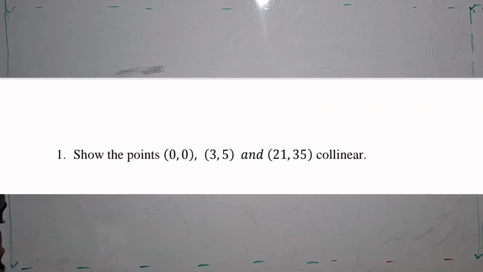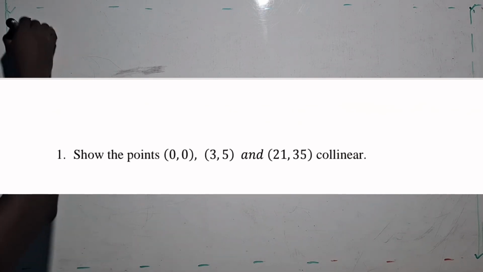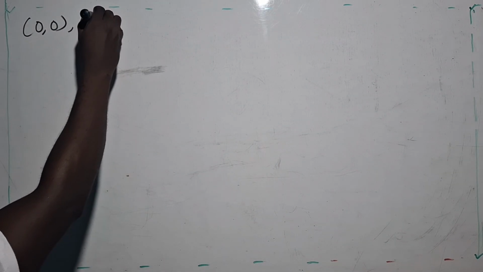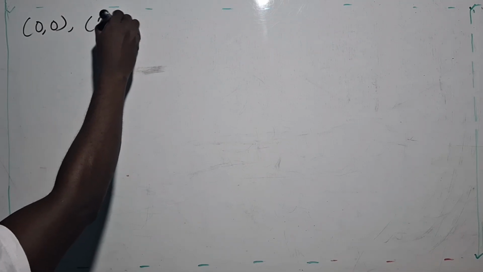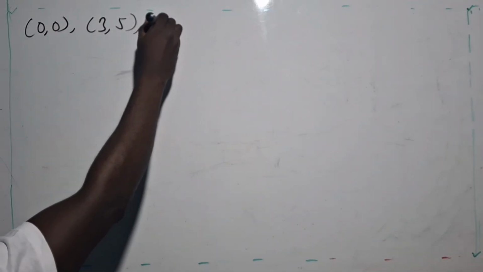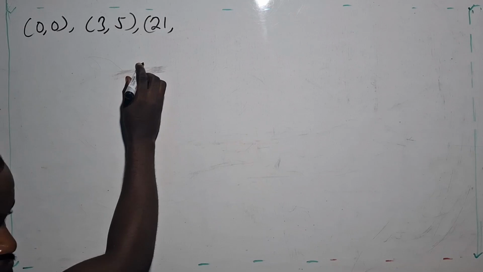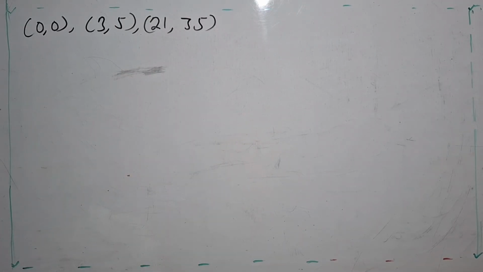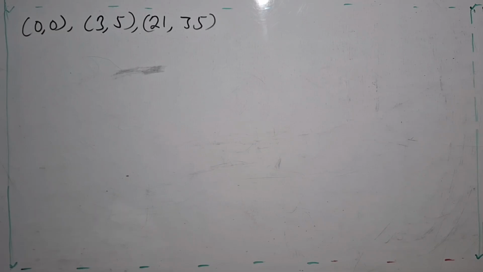So I'm going to write the points here: (0, 0), (3, 5), then (21, 35). They say we should show if they are collinear.